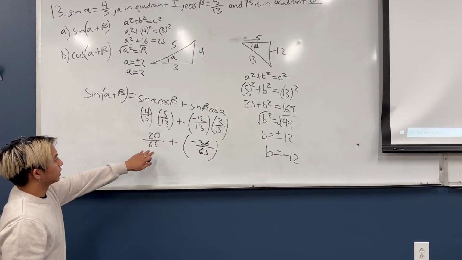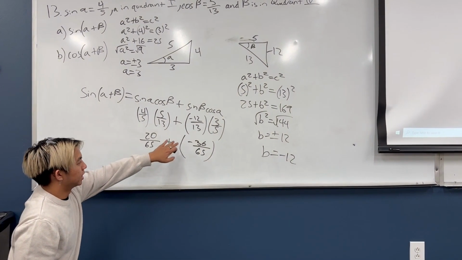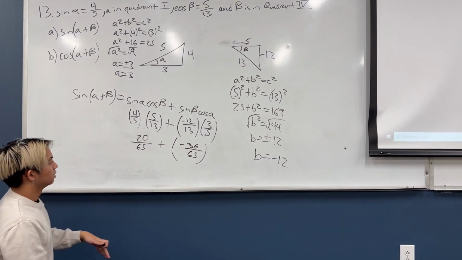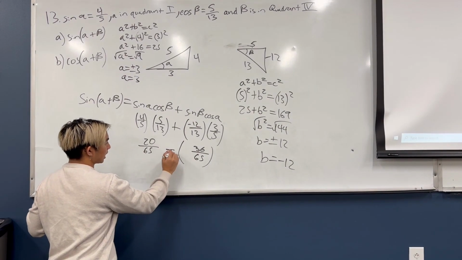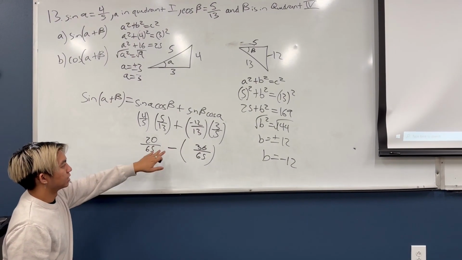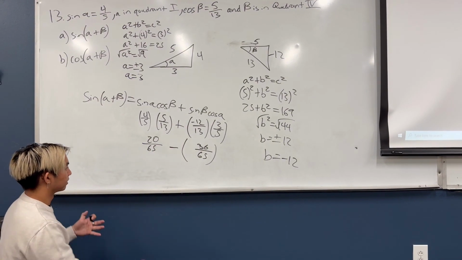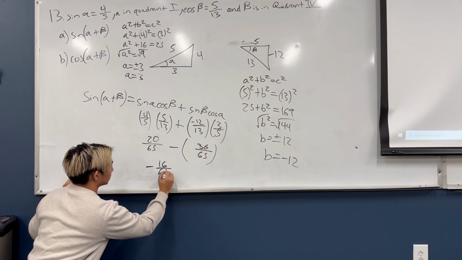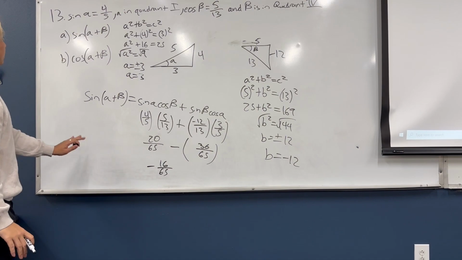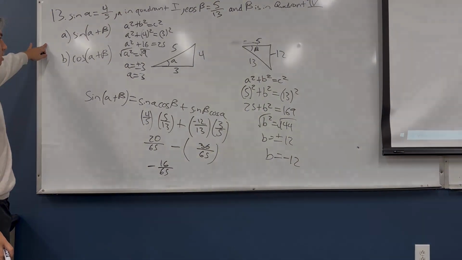So we have 20 over 65 plus negative 36 over 65. So we can also rewrite this like that. So 20 minus 36 is what? Negative 16, right? So we have negative 16 over 65. And that's our answer for A.